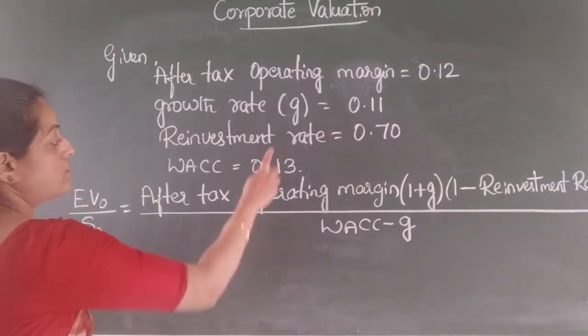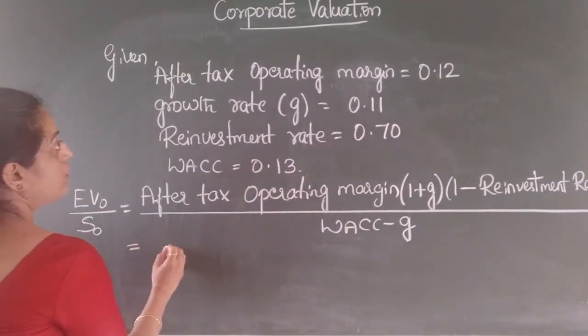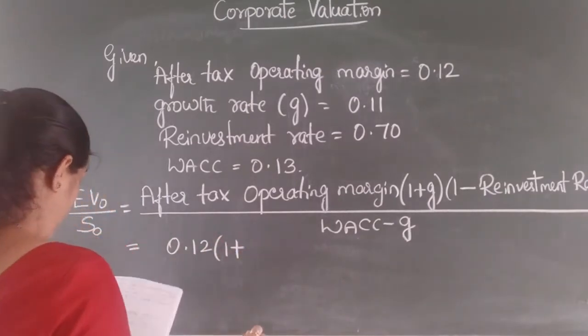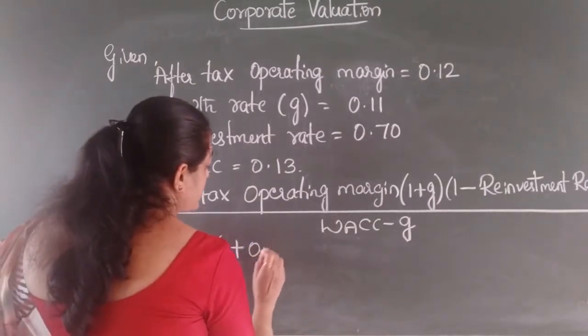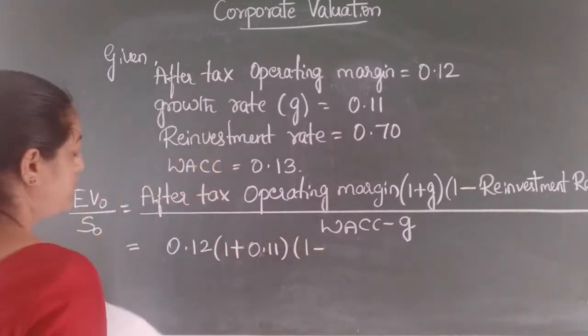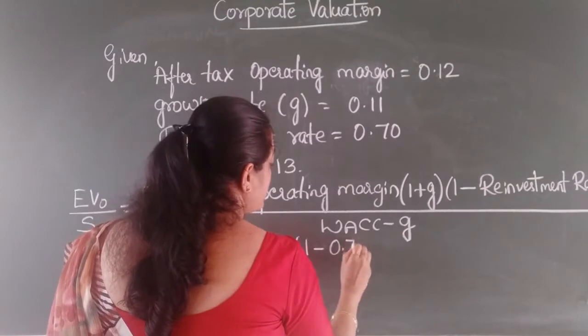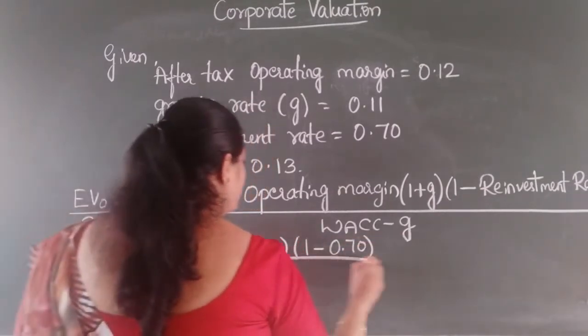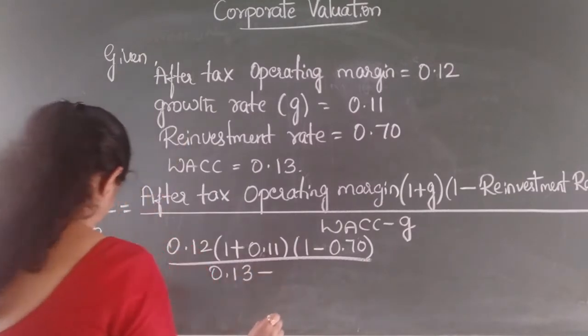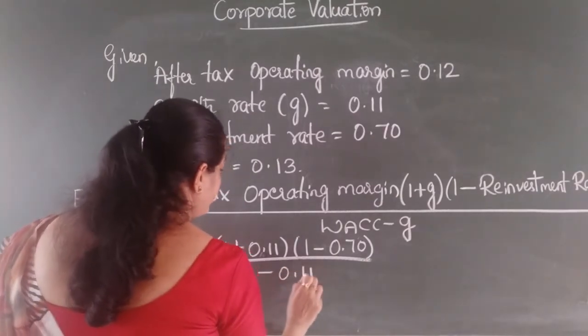So put those values in this equation. 0.12 into 1 plus G, 0.11, that is 11%, into 1 minus reinvestment rate 0.70, divided by weighted average cost of capital 0.13 minus 0.11.